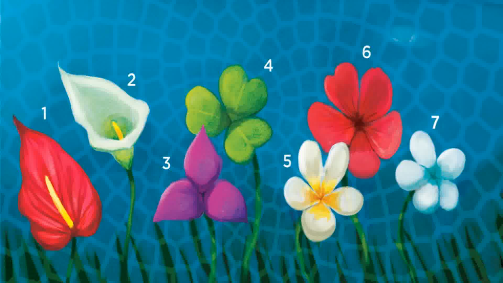Here are some examples to help you along. 1 petal: Anthurium. 2 petals: Calla lilies. 3 petals: Bougainvillea. 4 petals: Clovers. 5 petals: Temple tree. 6: Hibiscus. 7: Jasmine.